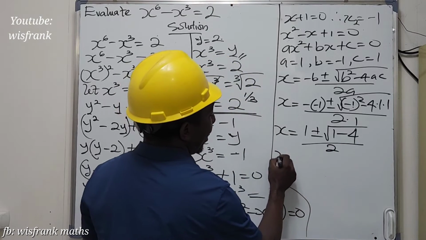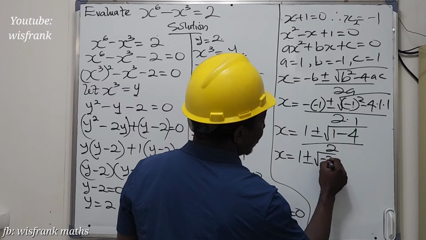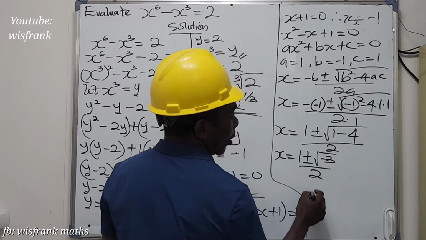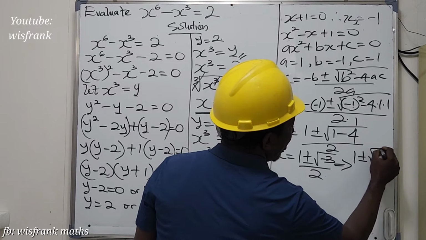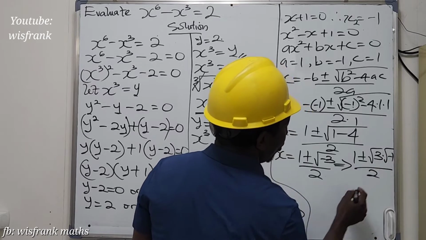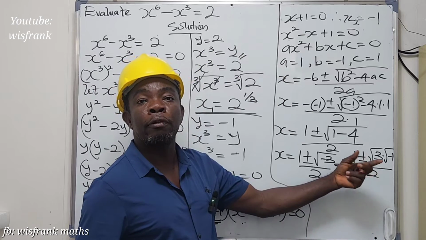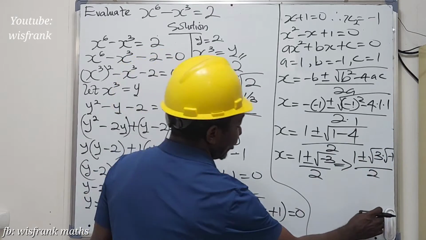So this becomes x equals 1 plus or minus square root of minus 3 all over 2. And this will give us 1 plus or minus square root of 3 times square root of minus 1 all over 2. We all know that the square root of minus 1 is iota, which is i, an imaginary number.